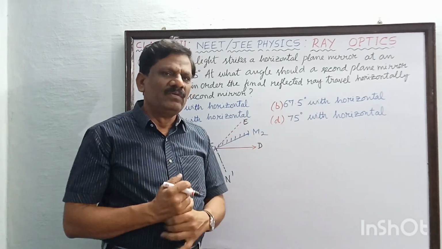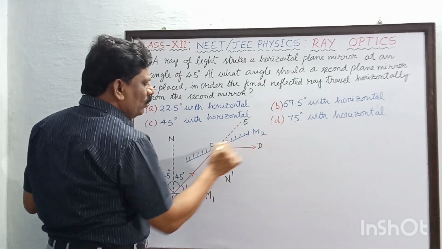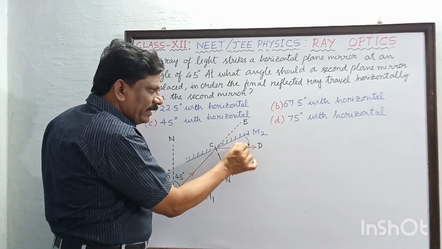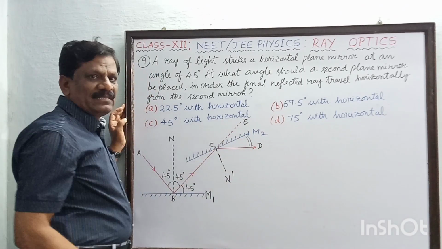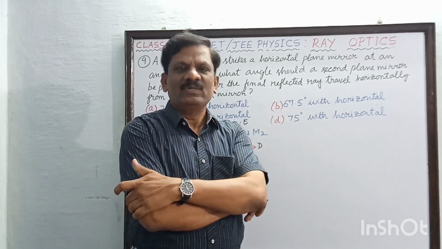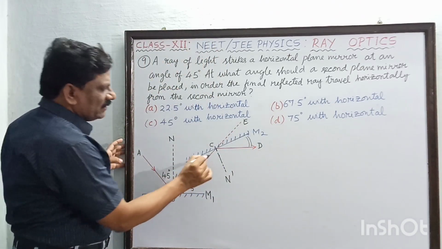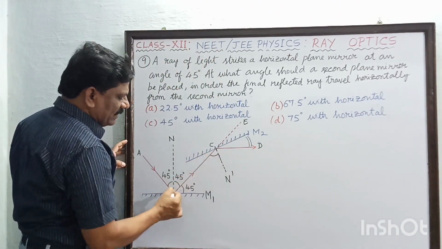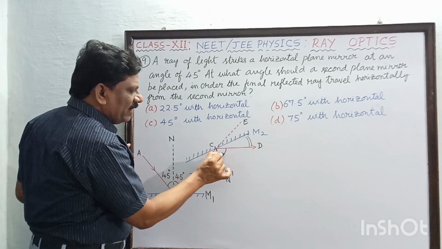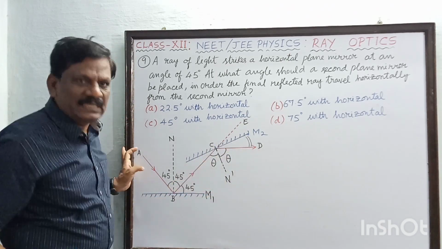Now we have to find this angle M2CD. At what angle should this be placed? This angle M2CD I have to find out. So for that, let us use this concept. This angle of incidence of BC is taken as theta, so that the angle of reflection, by the ray CD, is also theta.